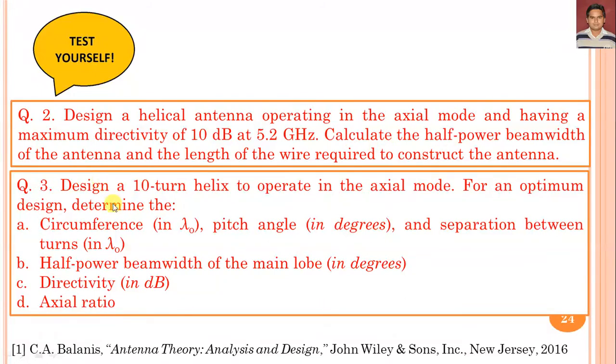And in the third problem, the number of turns is given, and you need to design a helical antenna and calculate the circumference, pitch angle, separation between turns, half power beamwidth of the main lobe, directivity and axial ratio. So these two problems are given here to test yourself on what you have learned from this lecture.